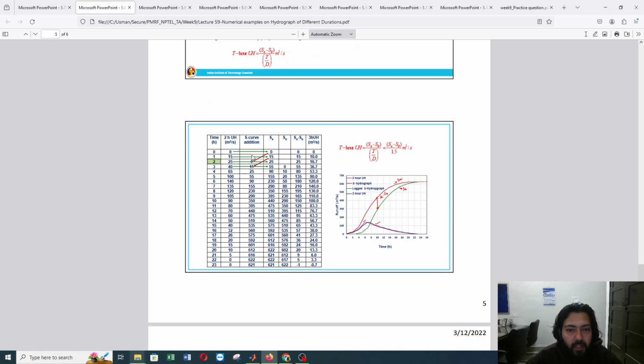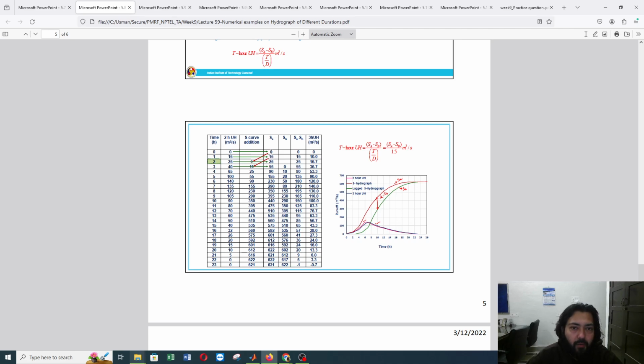First we calculate the value of the S hydrograph, by taking a lag of 2 hours. So 0 will come where the time is 2, and then we have taken the time lag.